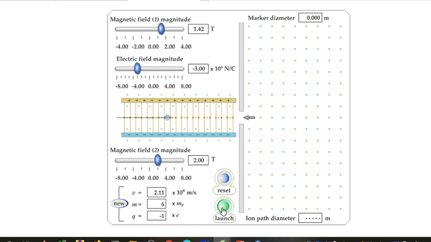I also want to show you that the magnetic field in this case is into the board. Now let us see what happens when we reach this second region of the magnetic field. Do you see the particle is deflected down? But if the particle was positively charged, it would be deflected up. So that's what I wanted to show you.